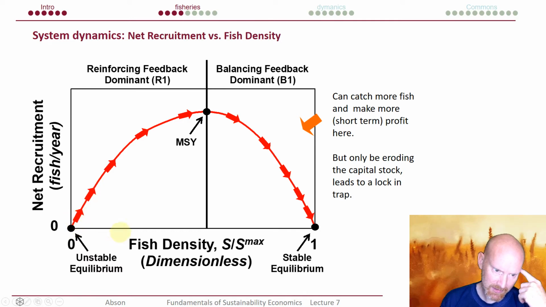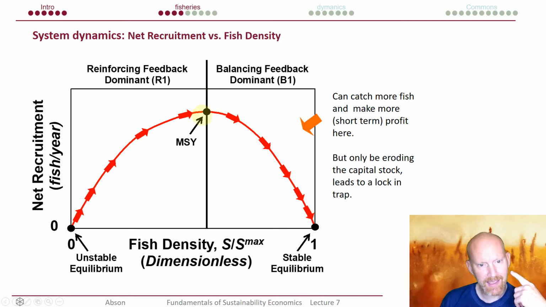As the fish stock increases, so does the amount of new fish per year, until you reach a point at which there's competition for resources, and more fish in the ocean means a smaller increase in additional fish each year, until you reach the carrying capacity of the ocean, and then no more fish can live there. The maximum sustainable yield is taking the maximum number of fish per year without diminishing the total fish stock. And this is this point here.